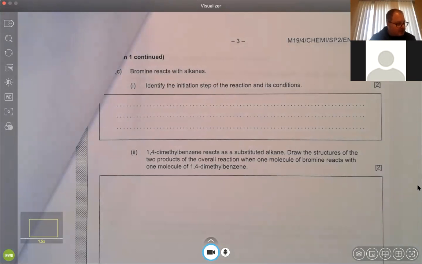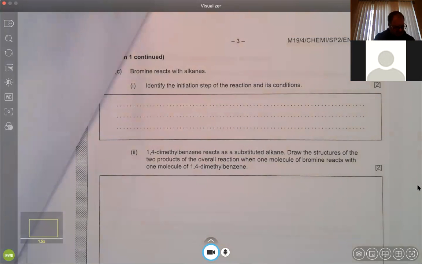Draw all the structures of the two products of the overall reaction where one molecule of bromine reacts with one molecule of 1,4-dimethyl-benzene. So basically, you have the benzene ring, and then you have a methyl on each end of it.